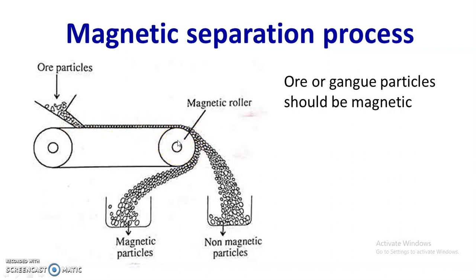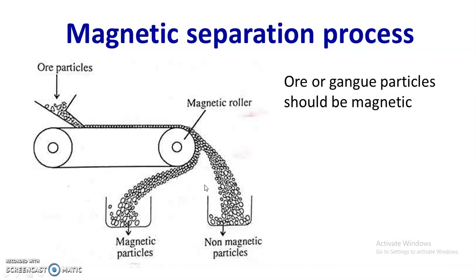When the ore passes over the magnetic roller at the other end, the magnetic portion of the ore sticks to the belt due to the force of attraction, and it falls near the roller, whereas the non-magnetic particles pass a little bit further away.